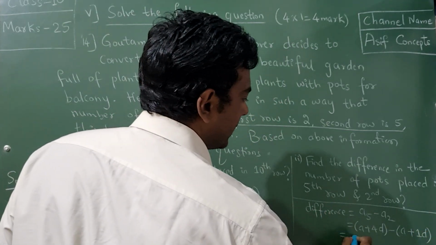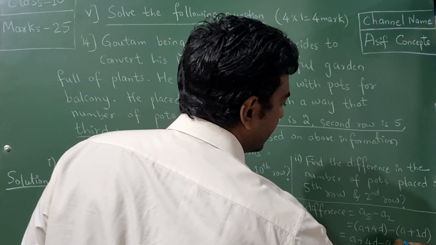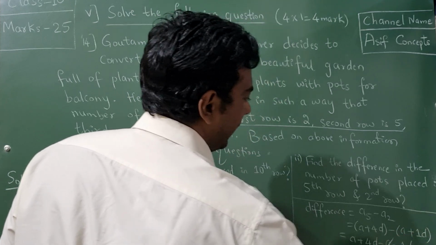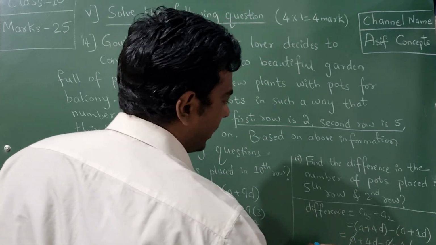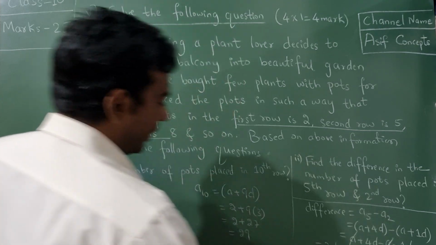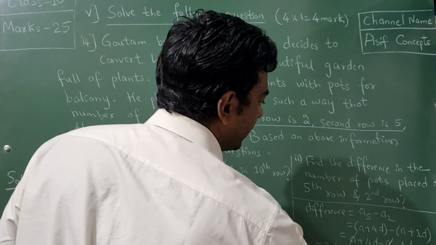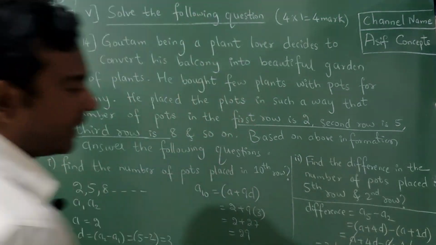I can write this as A plus 4D minus A minus 1D. A and A get cancelled. 4 minus 1 is 3D. What is the D value from here? It is 3. So 3 3s is 9. So the difference is 9.